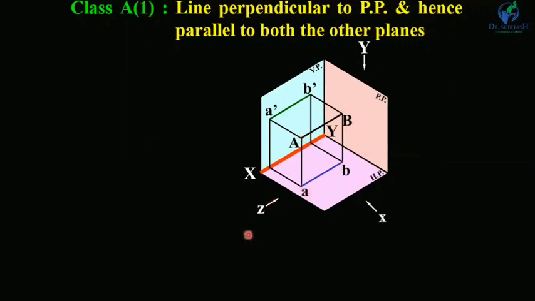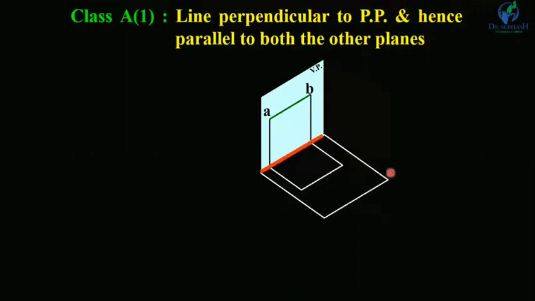Now looking from the side, in direction Z, the projection of this line AB is on the profile plane, and both the points coincide at the same point, A double dash, B double dash. So the side view of line AB is a point.